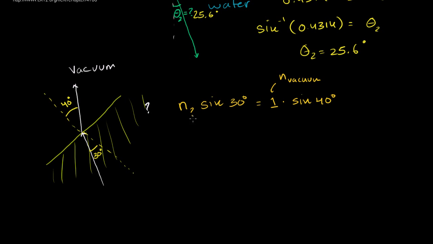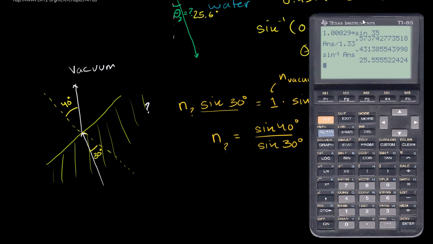Or if we wanted to solve for this unknown refraction index, we just divide both sides of the equation by sine of 30. So our unknown refraction index is going to be the sine of 40 degrees over the sine of 30 degrees. So we can get our handy calculator out.